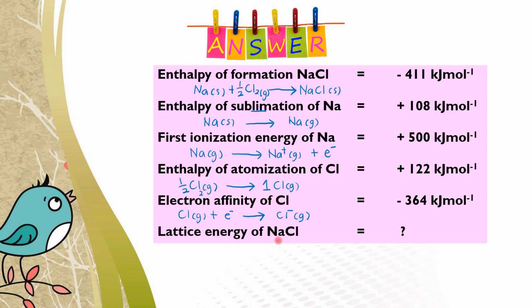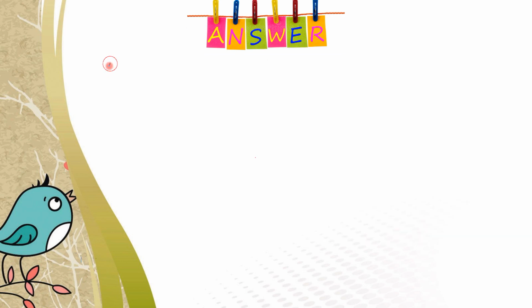Okay, lattice energy for NaCl. So this is what we want to find out. Okay. Alright, so the next step. Alright, so we start with drawing the label enthalpy. Alright, and then we draw a platform like this. So start with enthalpy of formation.